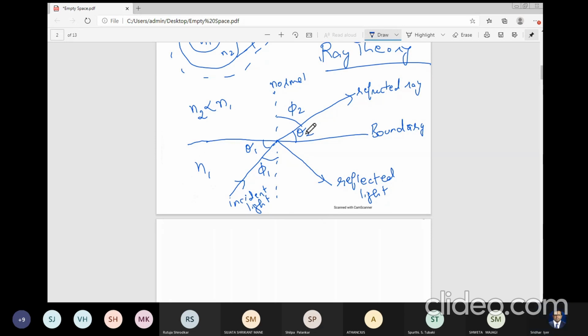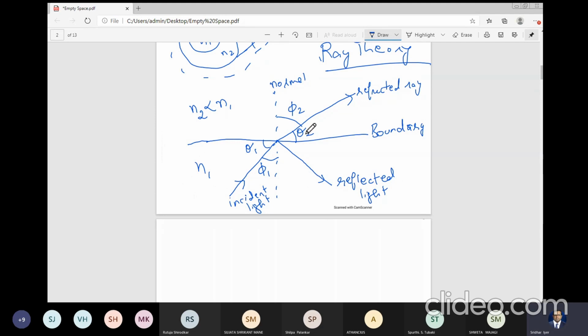Just to define, the angle of rays are measured with respect to the normal. This is the line which is drawn at right angle to the boundary between two materials or two refractive indices.